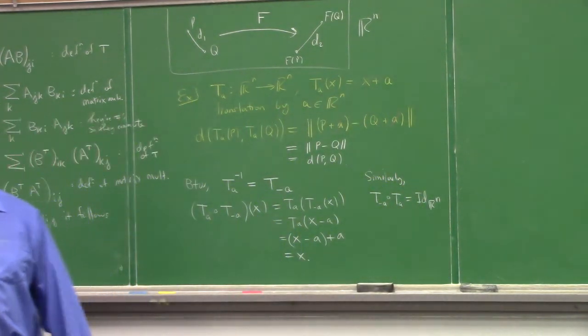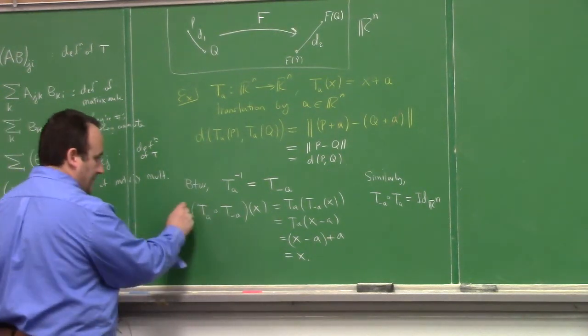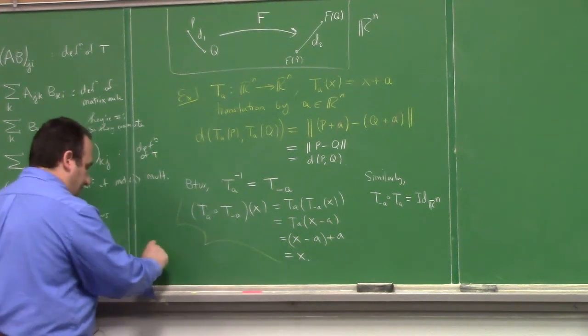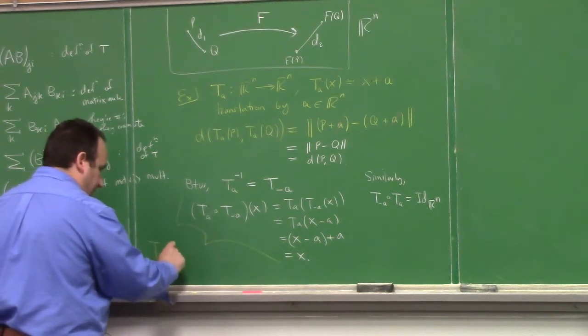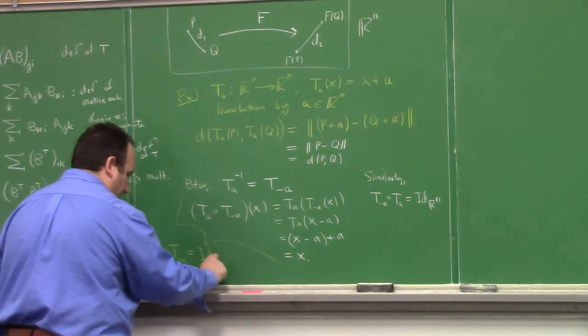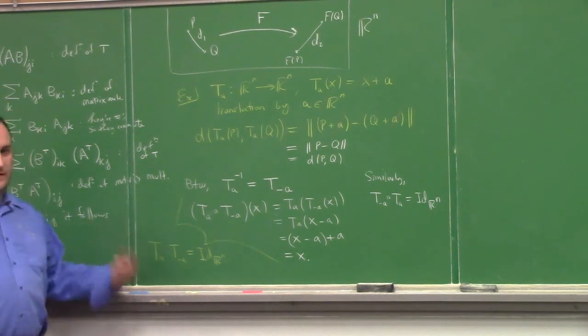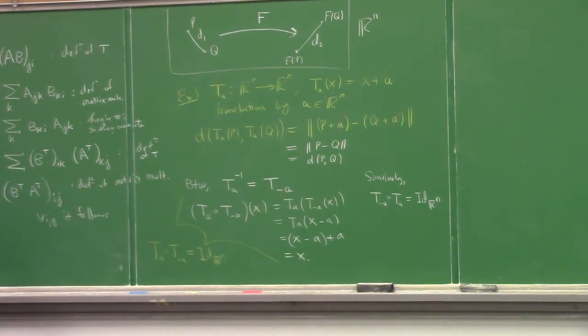Do you guys see this notation before? Identity? Oh, we should see it in theory all the time. So this calculation shows that TA composed with T minus A is the identity on Rn. And so we have left and right composition of the function gives you back the identity, which of course suffices to prove that TA inverse is T minus A. So every translation is invertible.